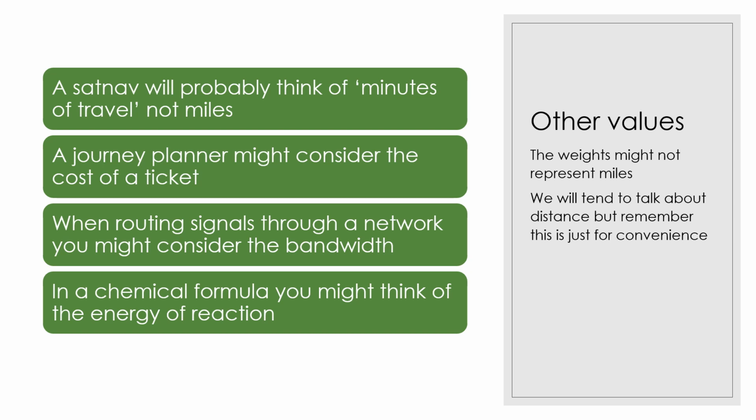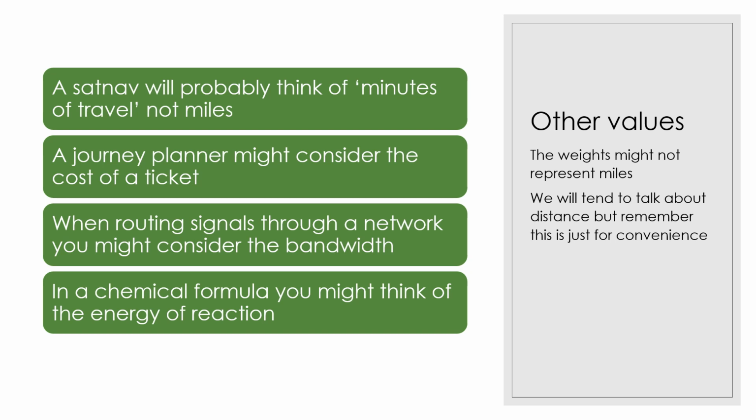The college network algorithm might look at the bandwidth that's available and look to send the signals through the most high capacity cabling. Or in a chemical formula, if you're trying to turn one chemical state into another, you might think about what energy needs to be put into the reaction so that you can produce the outcomes that you want the most with least expense on energy.